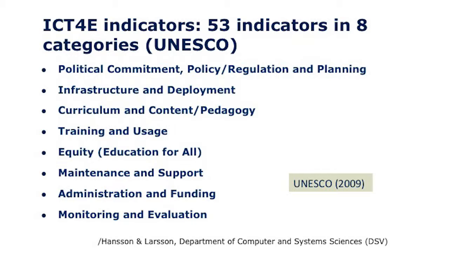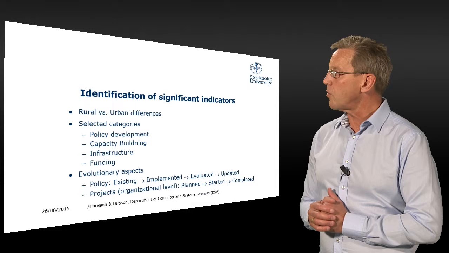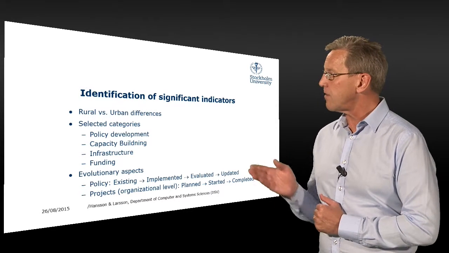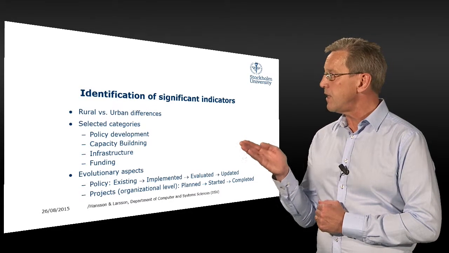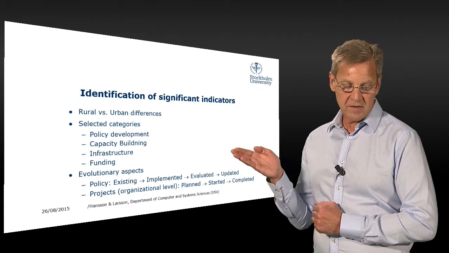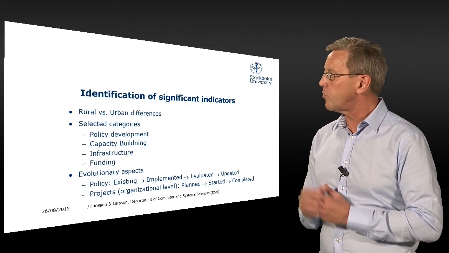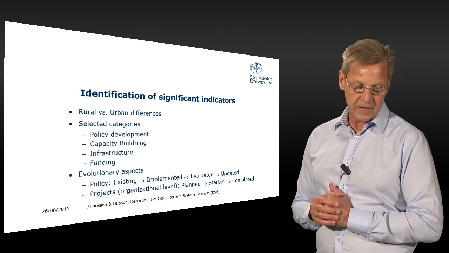And from this list we selected 4 different areas which we found important for us, given the objectives of this program, to measure. Those categories that we selected were policy development, capacity building, infrastructure, and funding. So we took out of the UNESCO list these 4 categories and made indicators from that list.